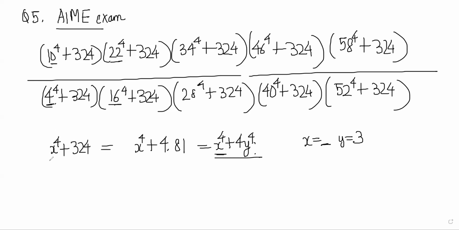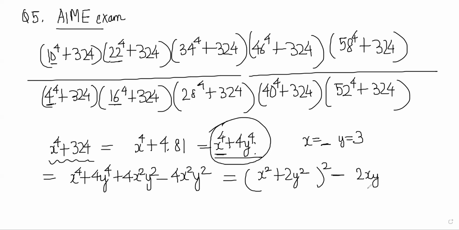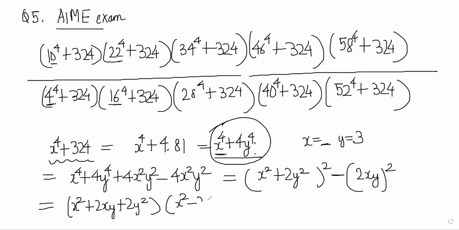Now, if the expression looks like this, then we can factorize it by doing x power 4 plus 4 times y power 4 plus 4x square y square minus 4x square y square. And this will become basically (x square plus 2y square) whole square minus (2xy) whole square, which can be simplified as (x square plus 2xy plus 2y square) multiplied by (x square minus 2xy plus 2y square), right?